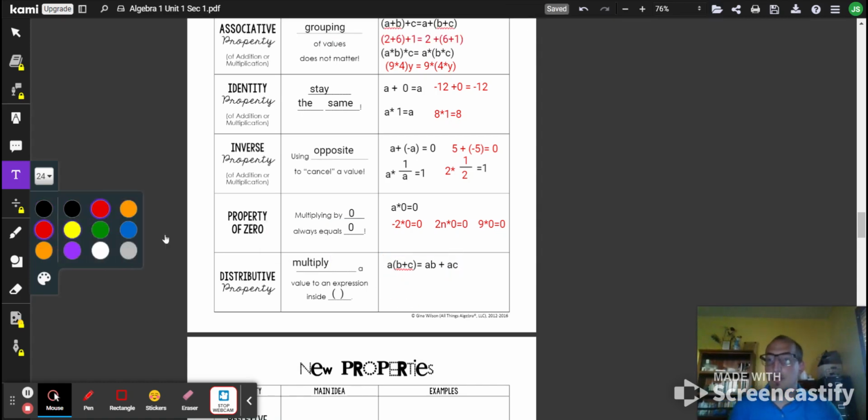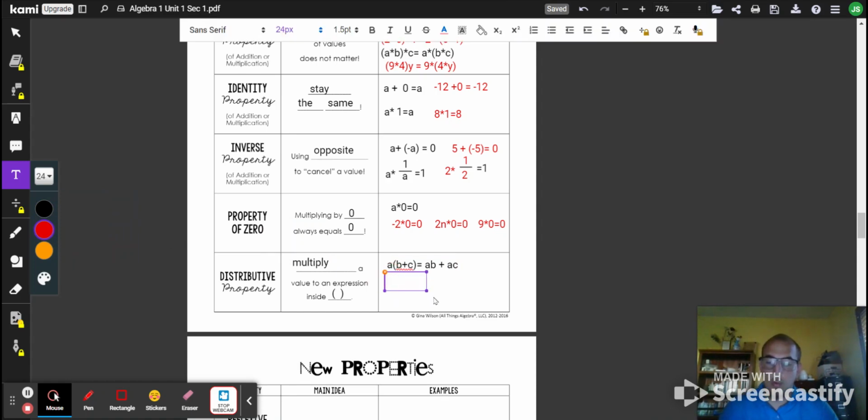So an example, let's do it in red. Let's do 4 times negative 1 plus U, because I like to throw a variable in there sometimes, because these are not all going to be expressions or equations. They might have variables or unknowns.